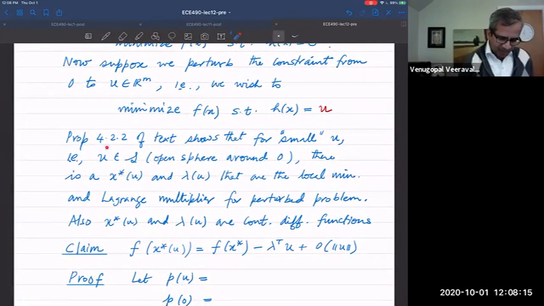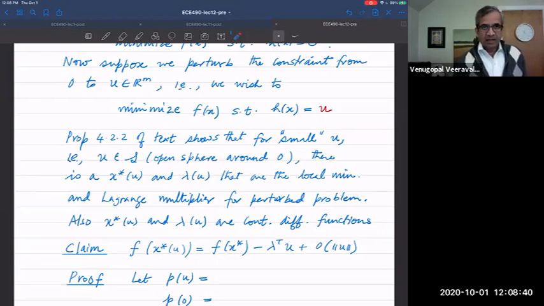There's a proposition 4.2.2 that shows that for small perturbations, in other words, if u belongs to some small enough open sphere around 0, then there is an x star of u that's a solution to this problem and a corresponding lambda of u for the perturbed problem.